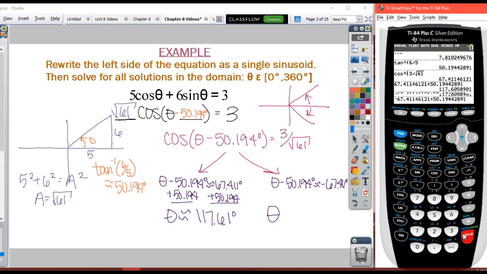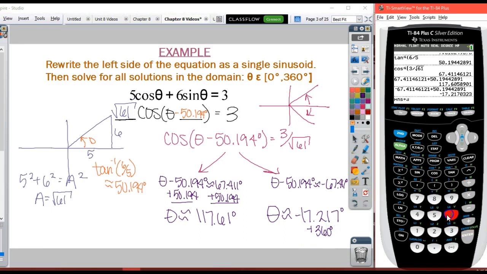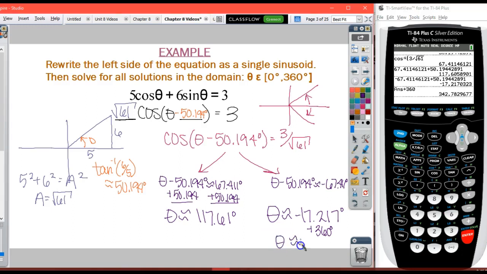And I will end up getting negative 17.217 degrees. However, this answer is not in the domain, so I'm going to add one cycle, which is 360, to get an answer that is in our designated domain. So I will get 342.78 degrees. There's one of our answers, 117. Our second answer is 342.